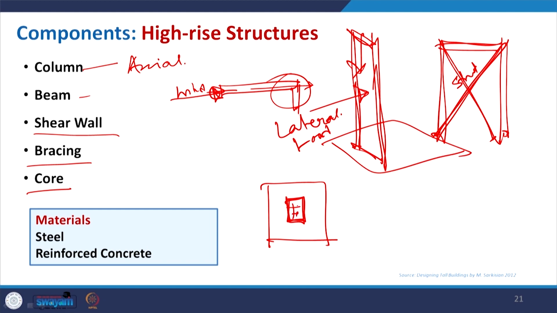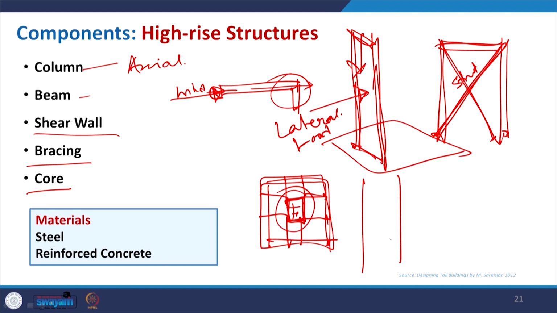It can be made of your shear wall as well, which will essentially anchor this particular floor. This is a typical plan of a high rise building, where the outer portion may have some columns, but the main load is carried by this particular core.